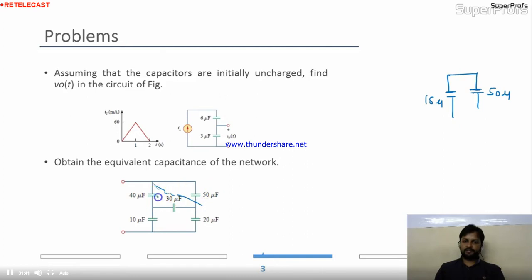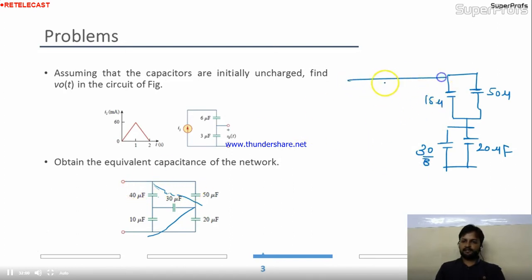So this 50 and this, they are in parallel combination. Now come to the 20 microfarad given, connected in parallel with this branch. This branch was 30 by 8. And at last this branch was 5 micro. Now these two are in parallel combination.